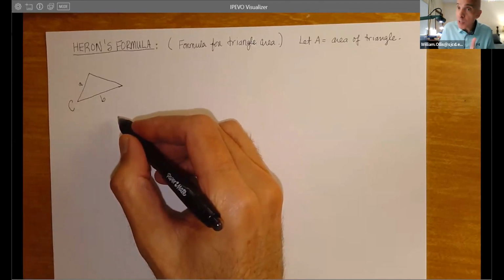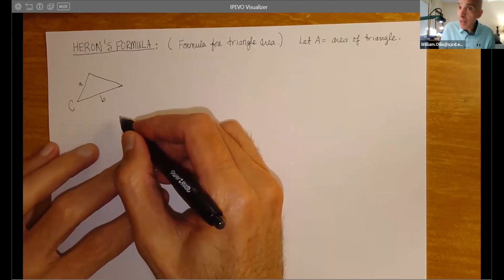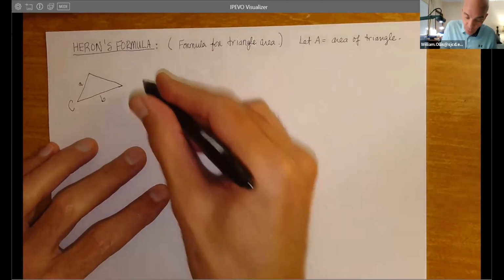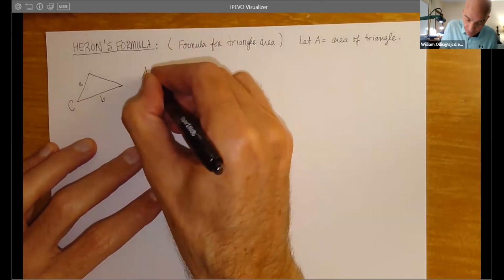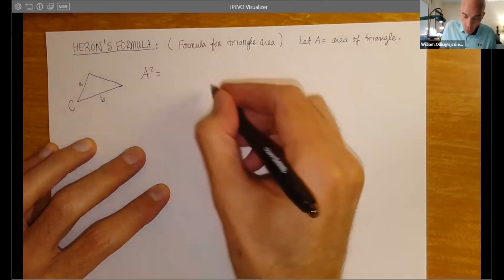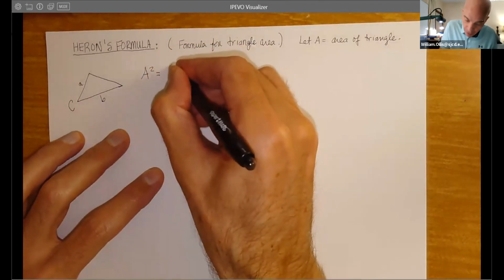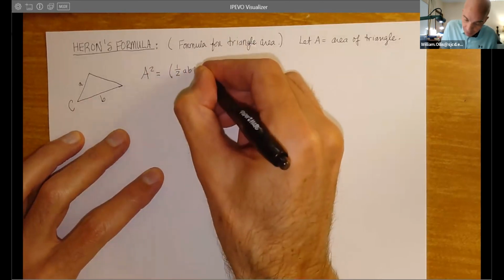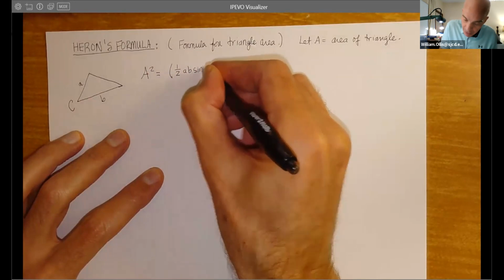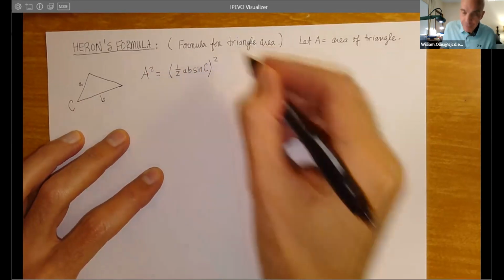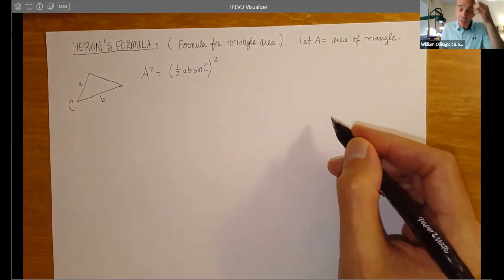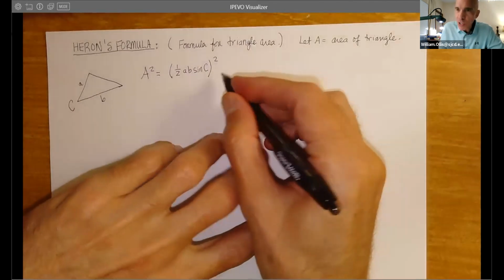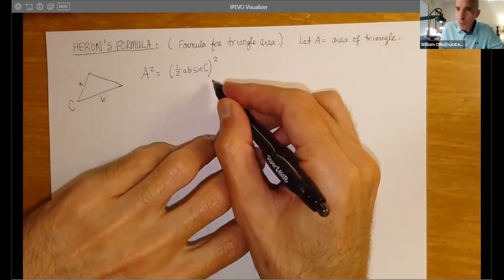But we're going to start with the square just to simplify the notation and the algebra. So A squared will now be 1/2 AB sine C, quantity squared.